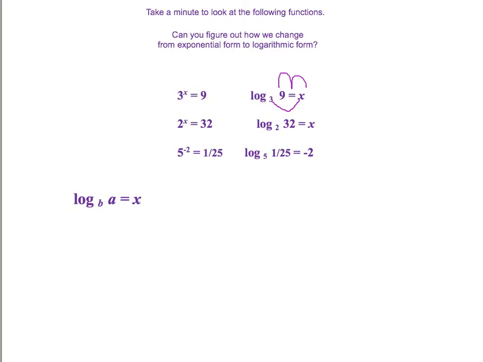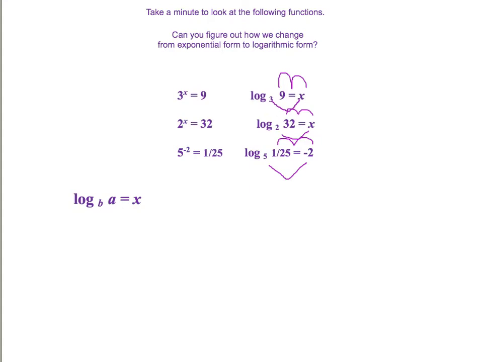Let's look at the next one down: 2 to the x power equals 32. Now let's look at the third one down: 5 to the negative 2 power equals 1 over 25. We could actually do the same thing with the exponential function.